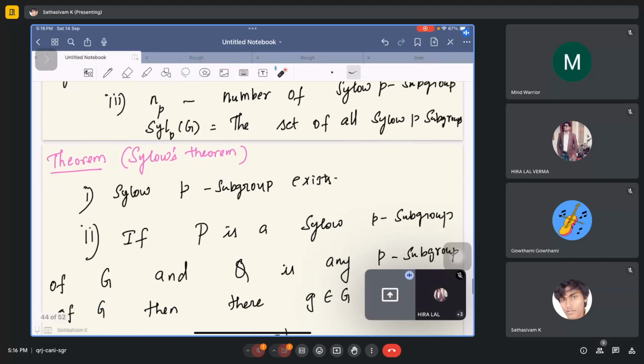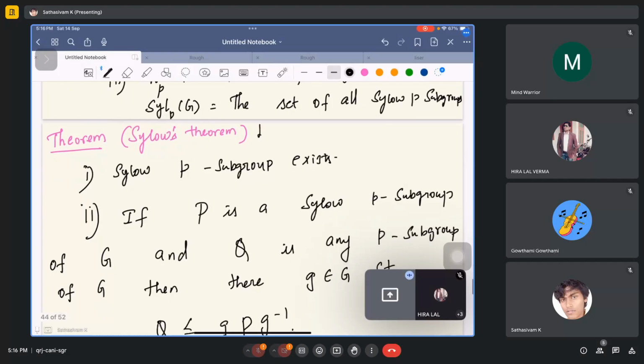Okay, so maybe I'll write it here properly. Let G be a group of order p to the power alpha times m, where p is a prime and p does not divide m.